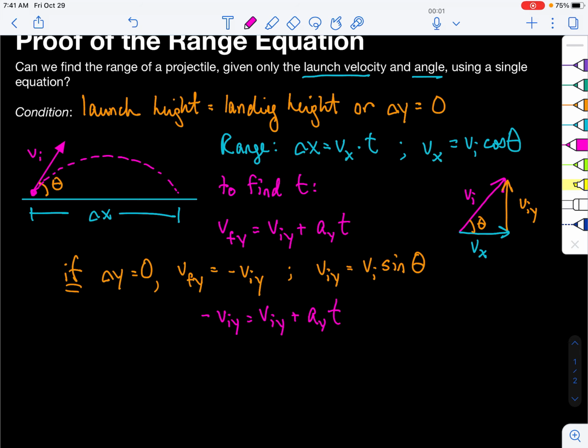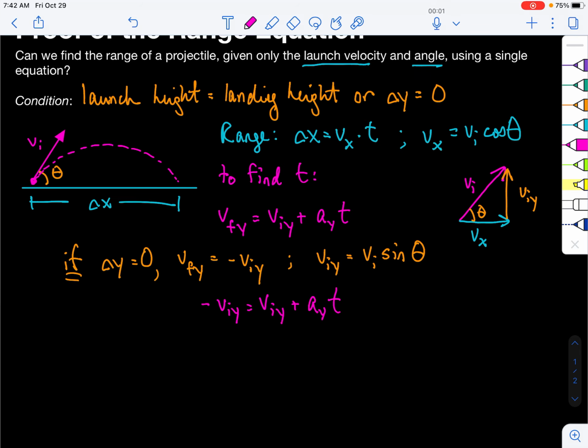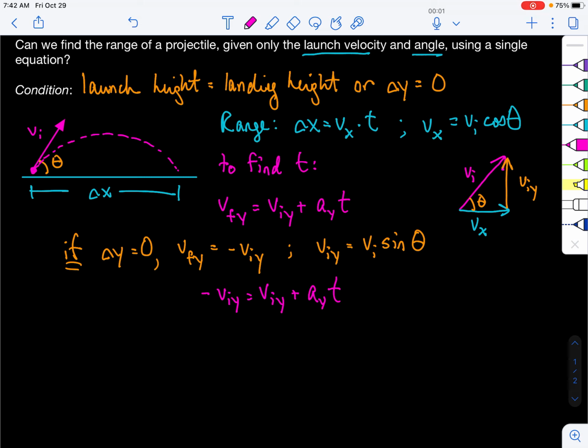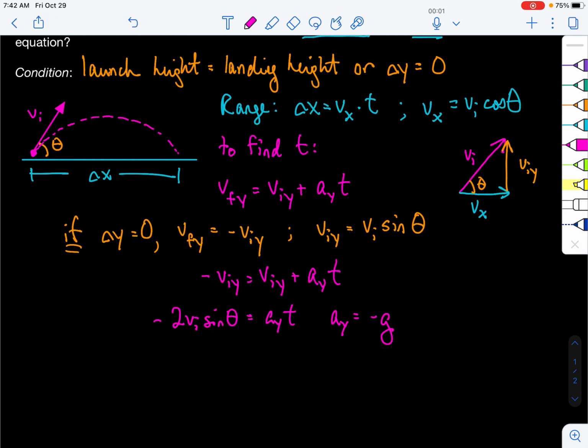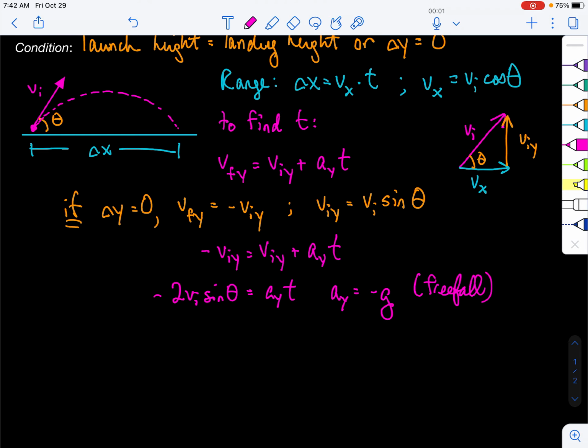All right, so now our goal is to isolate t. Again, we know that viy is vi sine theta, so this becomes negative 2 vi sine theta equals ay times t. We do know that ay is negative g. This is free fall. We're going down the negative direction. And so we can then isolate t, plug in negative g for a.